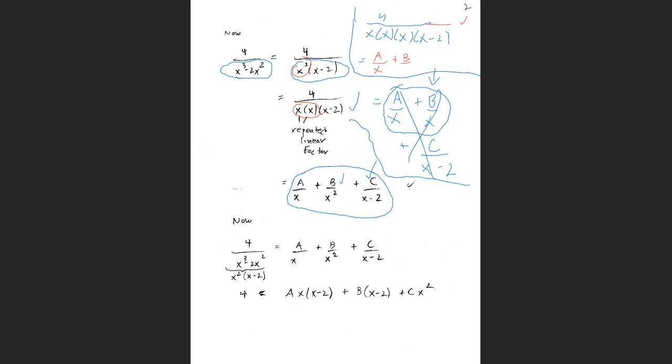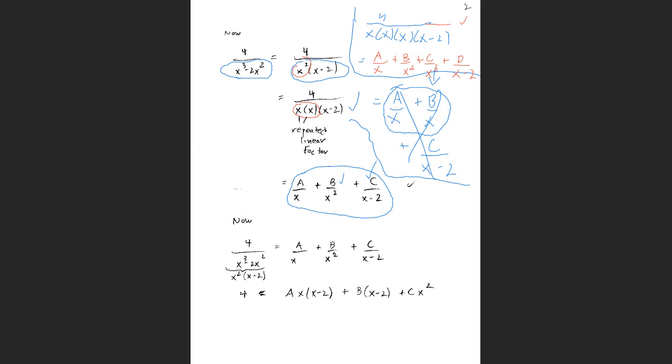Then you're going to have b over x squared, right? And then you would have c over x cubed, good. And then plus d over x minus 2. Okay, so just keep that in mind.